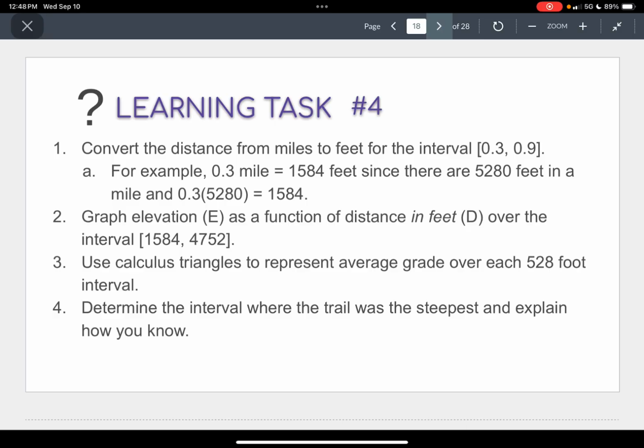Then graph elevation E as a function of distance in feet, d, over that interval from 1,584 feet to 4,752 feet. Use calculus triangles to represent the average grade over each 528-foot interval, and then determine the interval where the trail was the steepest and explain how you know. Pause the video and work the learning task.